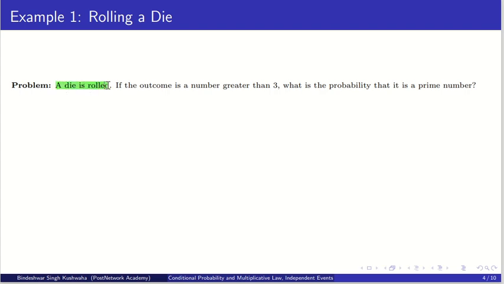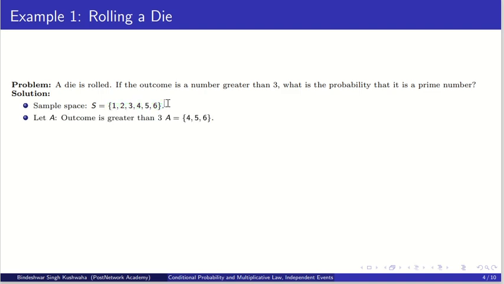Now let us see an example. A die is rolled and if the outcome is a number greater than 3, what is the probability that it is a prime number? That means what is already given, what already happened, is that the number is greater than 3, and it is asked what the probability is that it is a prime number. So one event has already occurred. The sample space here is 1 to 6.